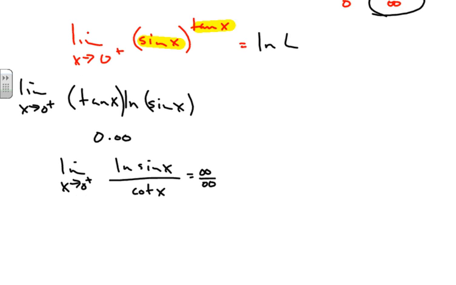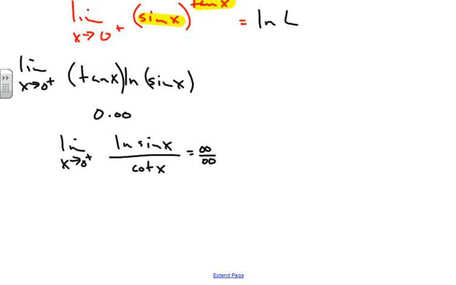All right, so when you're in trouble with an indeterminate form, who do you call? L'Hôpital. We're going to take the derivative of the numerator, so we have 1 over the sine of x times the inside, which is cosine of x, using the chain rule. And then the bottom, we have the derivative of cotangent, which gives us negative cosecant squared x.